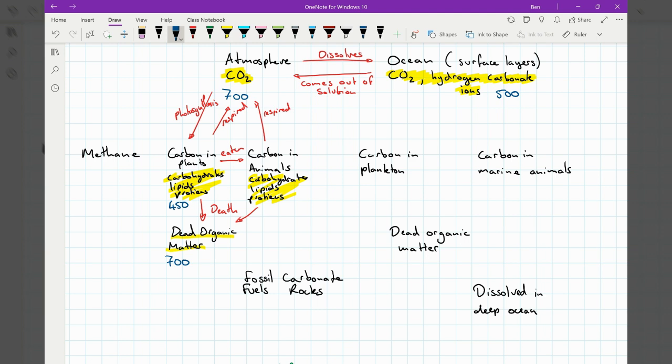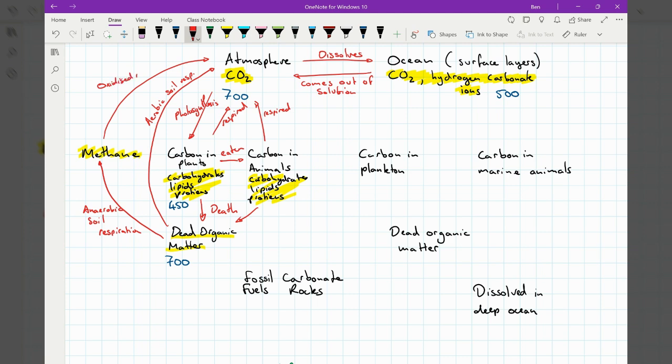From the dead organic matter in the soil, we might have respiration taking place from soil organisms. And we might also have anaerobic respiration, which results in a different form of carbon, methane, which can then be oxidized in the atmosphere into CO2.